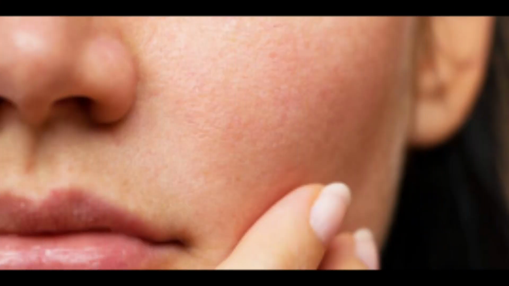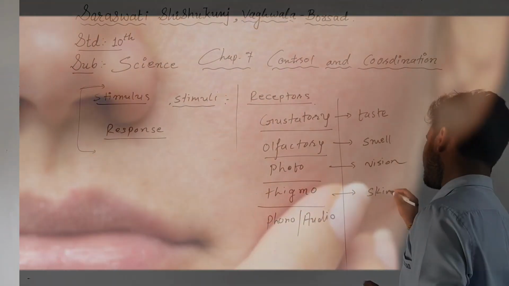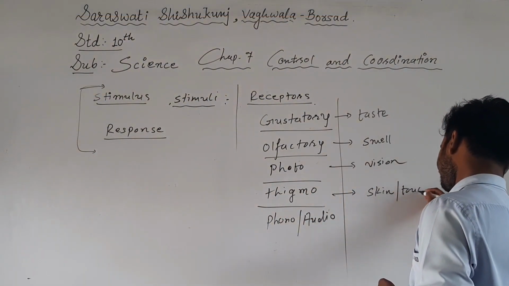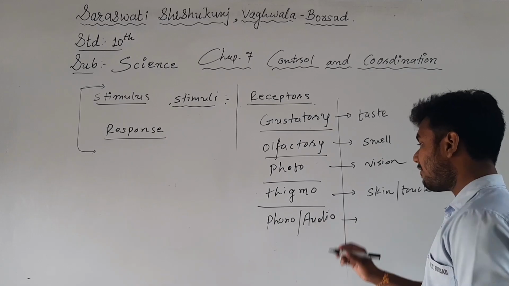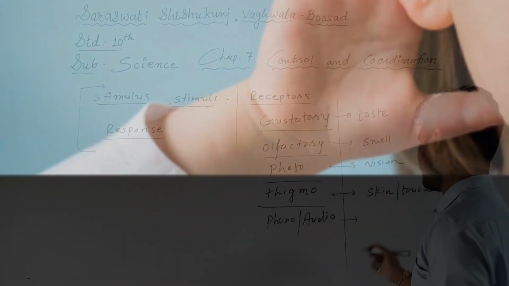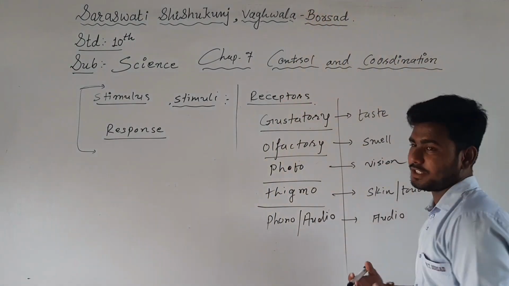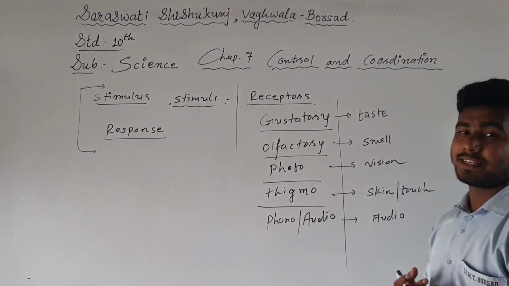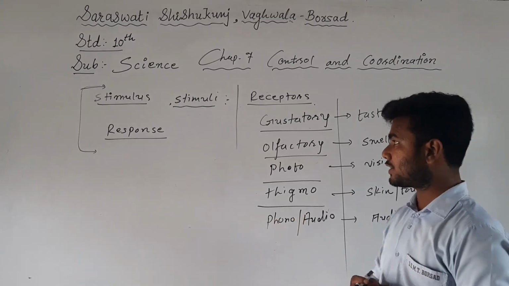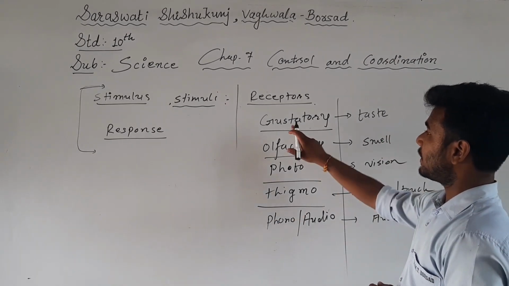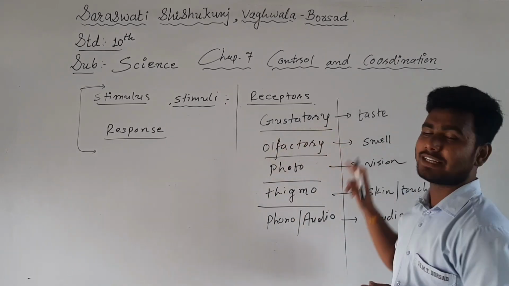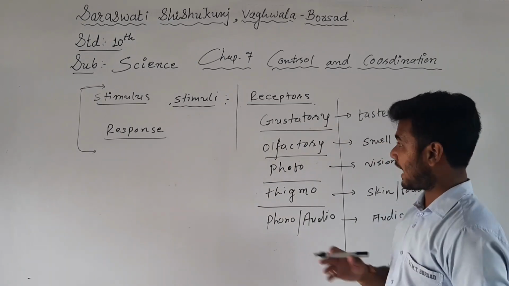Thigmoreceptors are related to touch, so they are related to skin. Phonoreceptors, or audio receptors, are related to our ear, so they are related to our hearing. Due to all these receptors we get different stimuli, and according to that we respond. Gustatory receptors are related to taste, in the tongue.